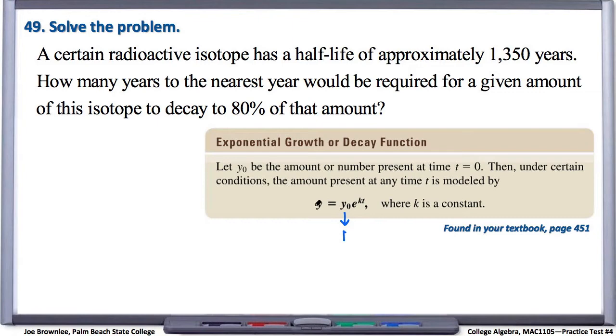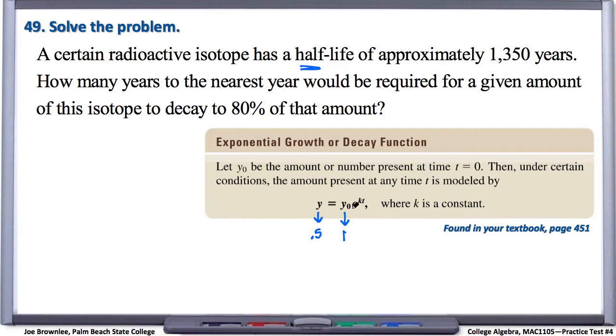Y is how much is present after the decay has taken place. If we're talking about the half-life and we start with 1, how much is left after half has decayed? That would just be 0.5.